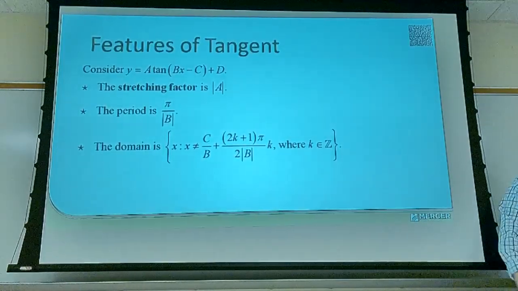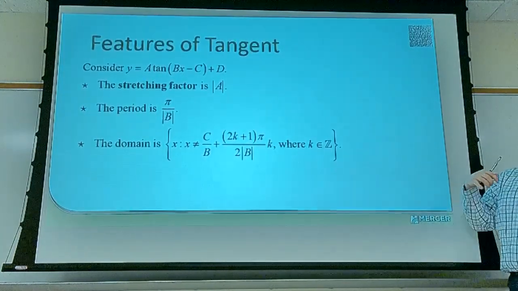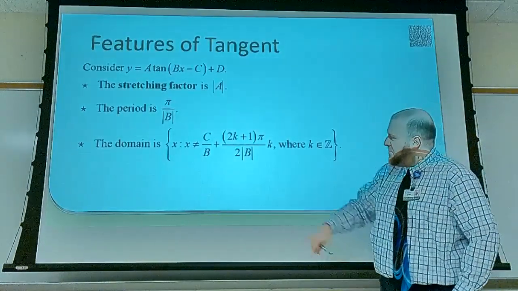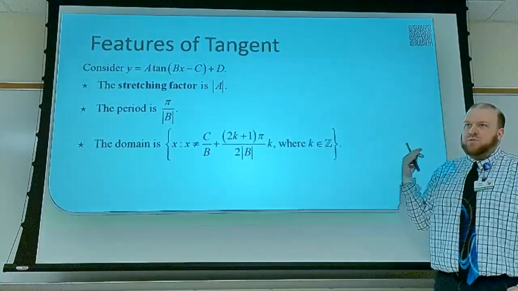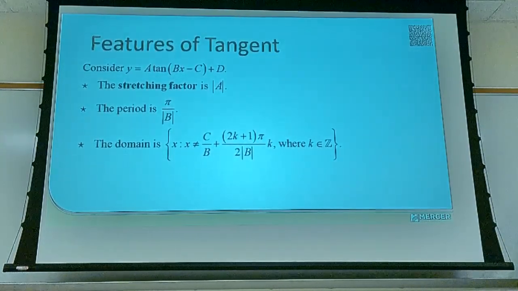If you're looking at just the tangent of x, its domain is everything except odd multiples of pi over 2. That's just the tangent of x.